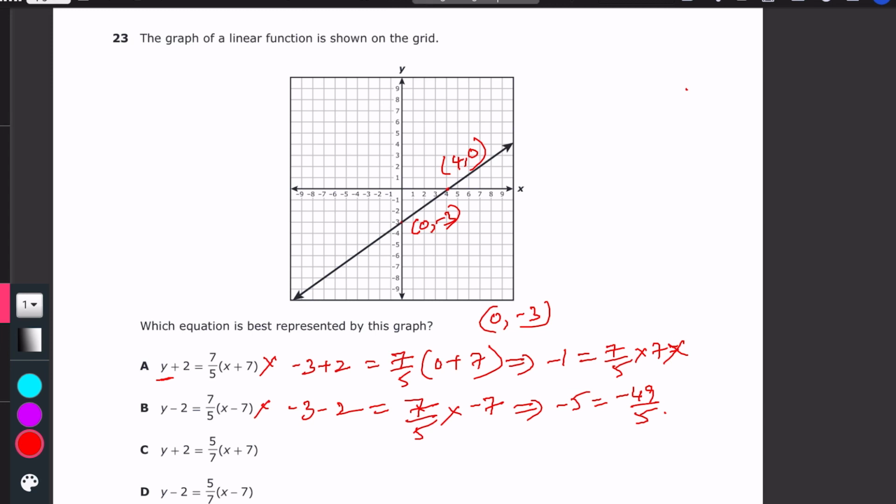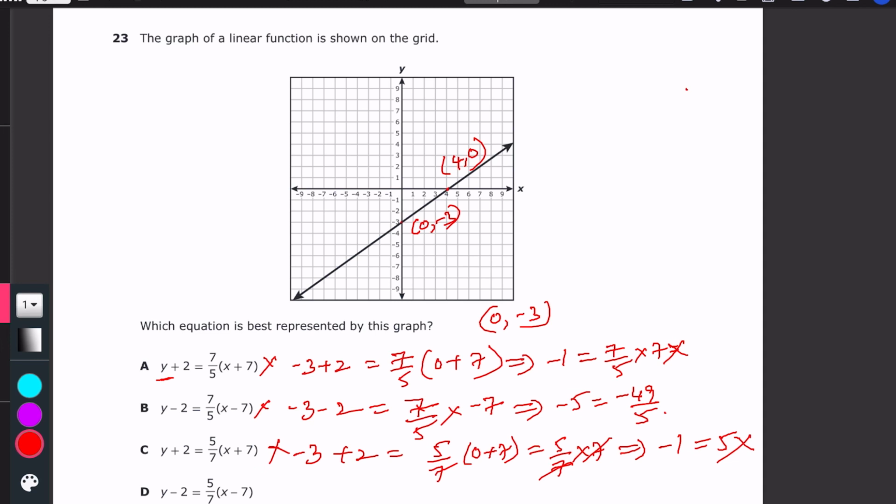Next option. Minus 3 plus 2 is equal to 5 by 7 into 0 plus 7, which is equal to 5 by 7 into 7. This will get cancelled. So minus 1 is equal to 5, which is a wrong statement. So this also cannot happen. Next we'll go into the last one.